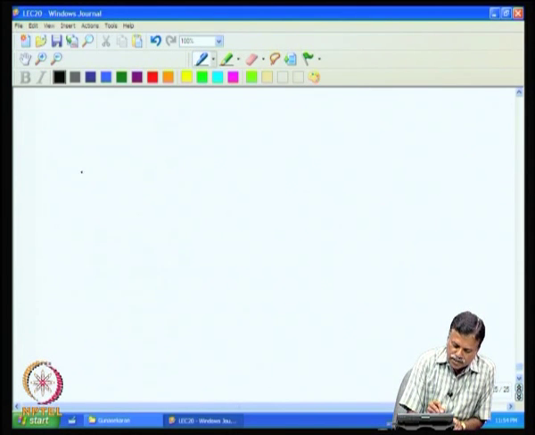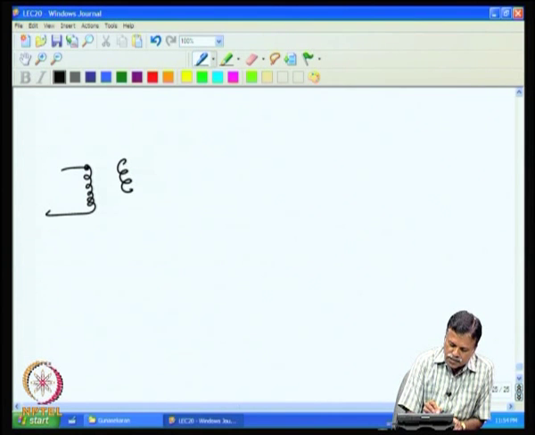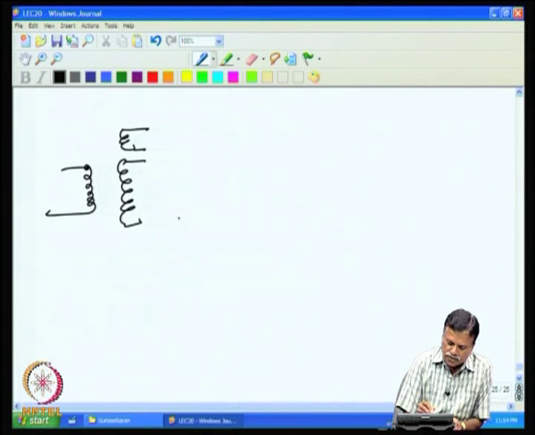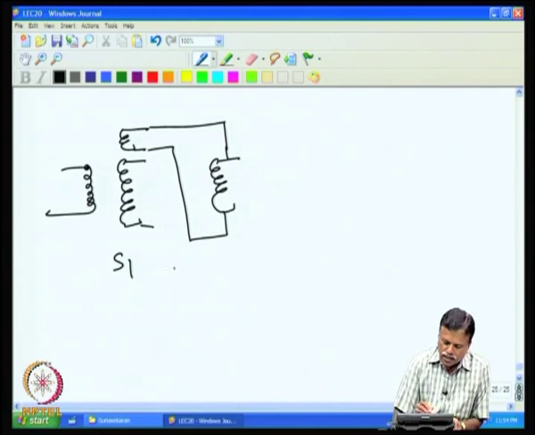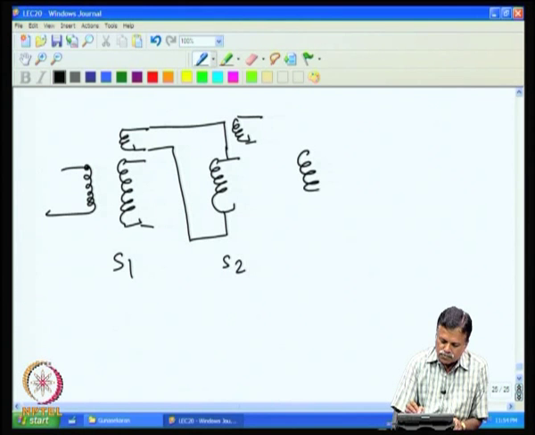We start from our primary, then we have first S1, which has its own auxiliary winding, and this energizes S2. Then S2 has its own auxiliary winding, which energizes S3.